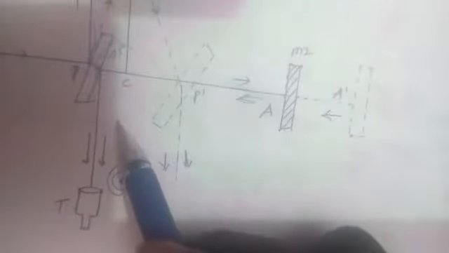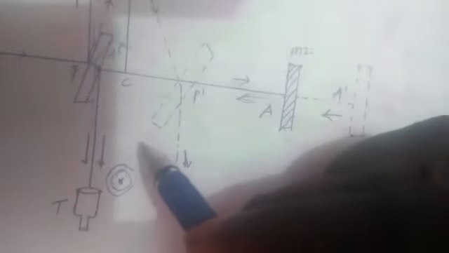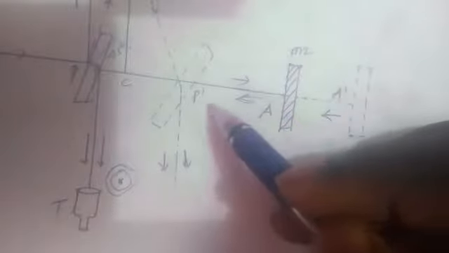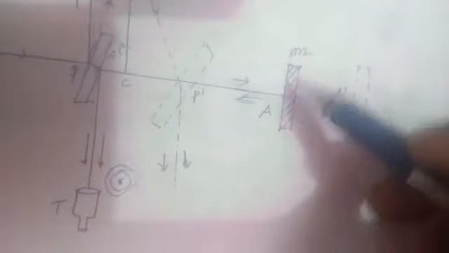The beam reflected upwards to M1 traverses the thickness of the plate P, whereas the beam refracted onto mirror M2 traverses P only once.